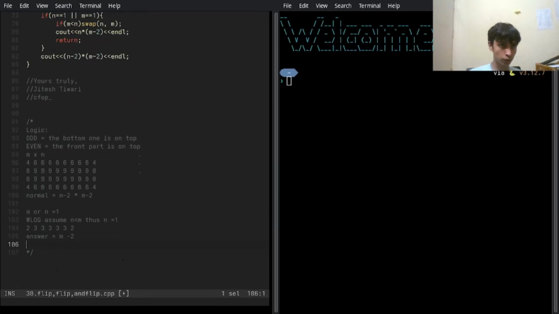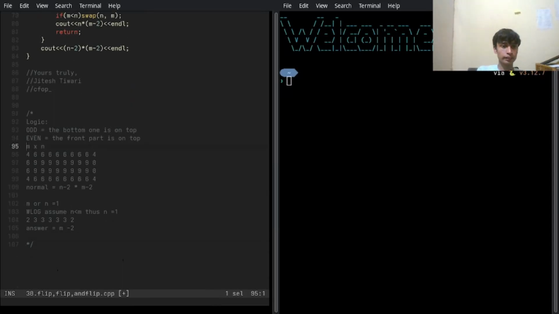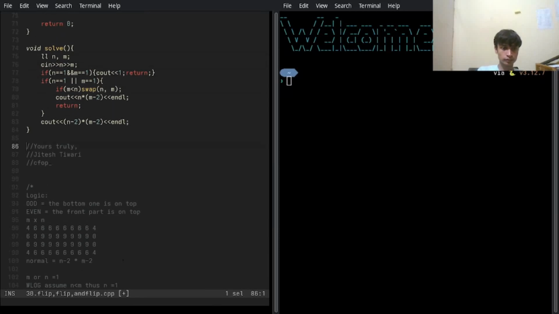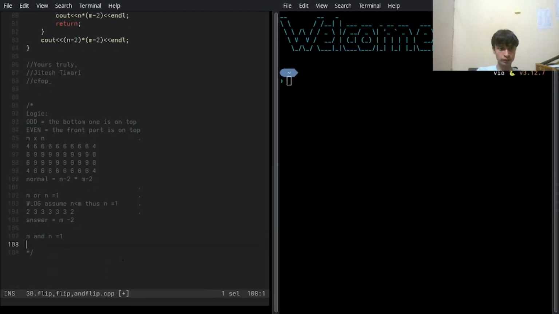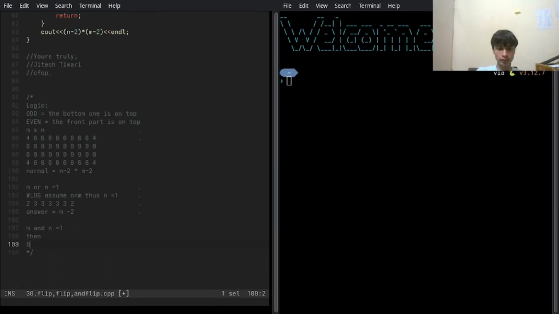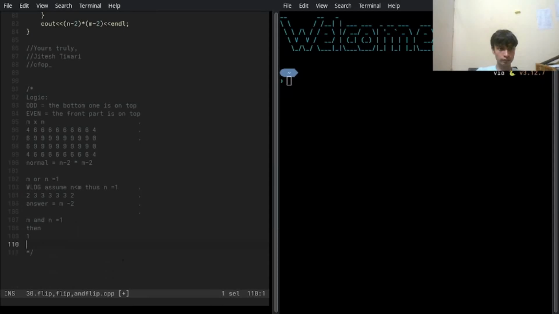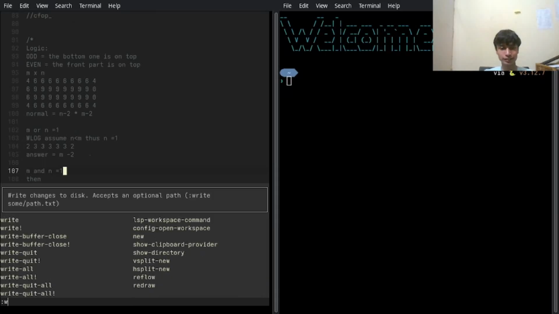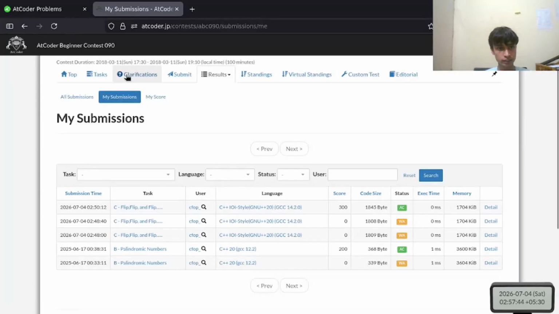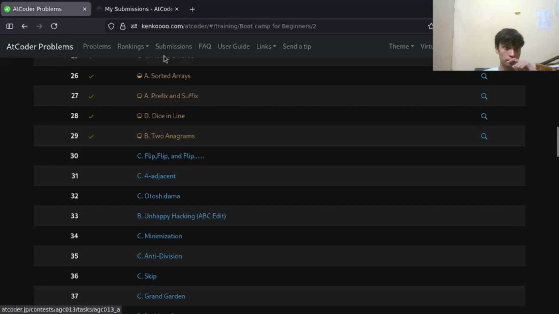Basically, as n is equal to 1, I didn't have to multiply it by 1. And if both m and n are equal to 1, then it would only be flipped once. Therefore, the answer would be 1. So this was a pretty simple problem, and for some reason I calculated it wrong, and that's why it took me some time. So it is solved now.